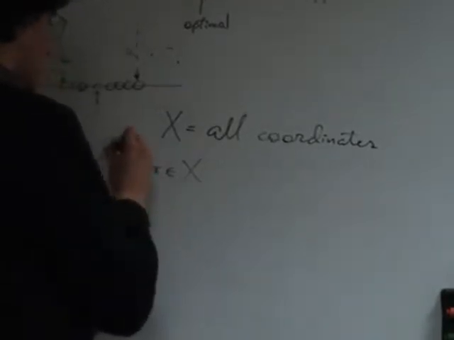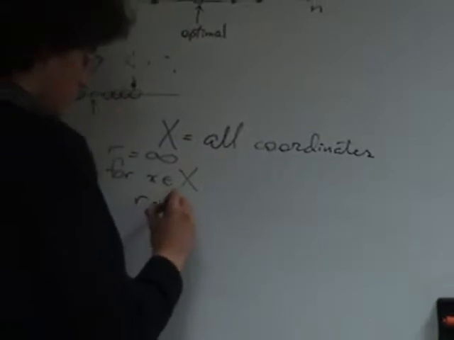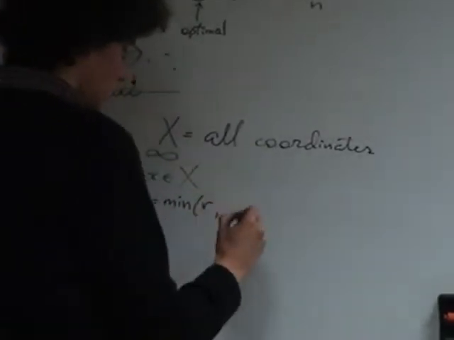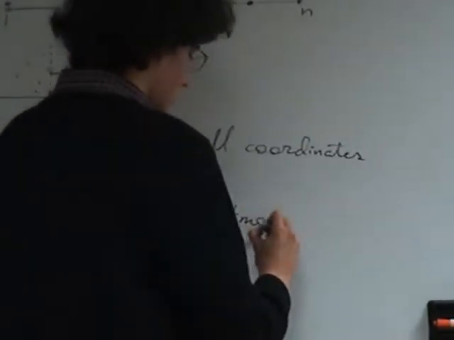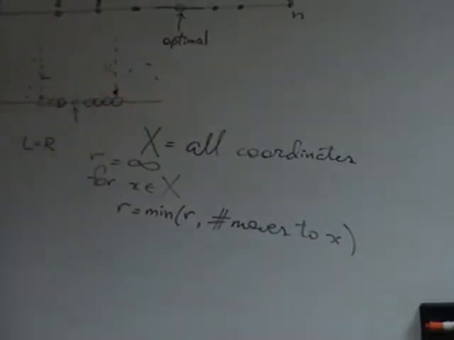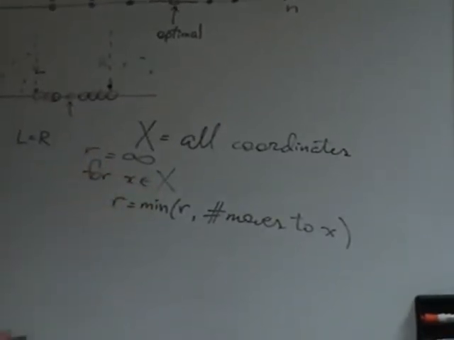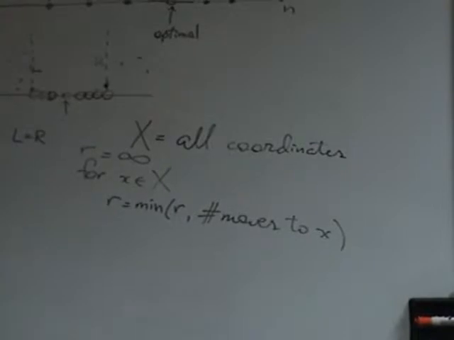For it, you say that R is equal to infinity, and for x in X, you say that R is equal to the minimum of R and the number of moves to x. And this is easy to implement because the set X is small. And that is in 1D.